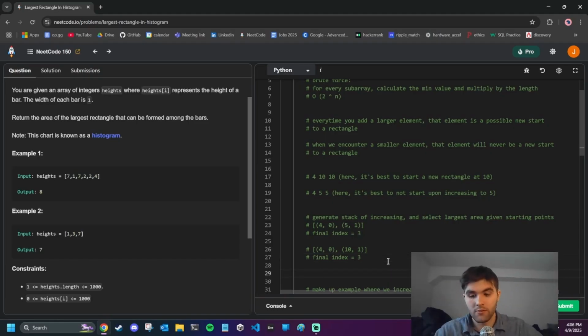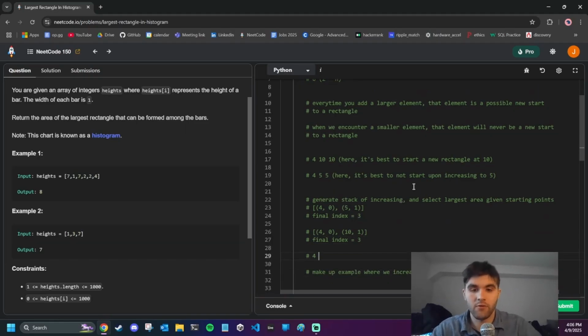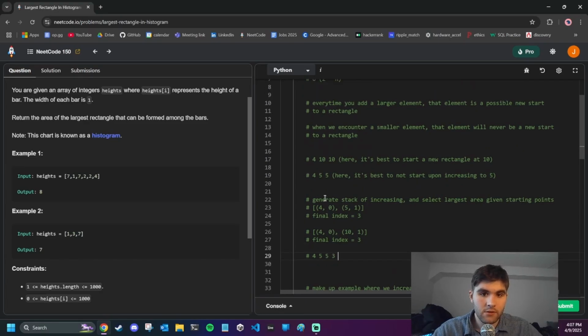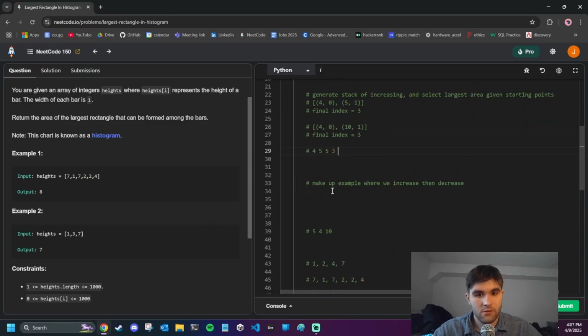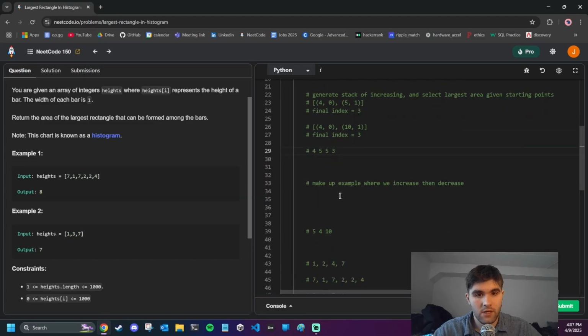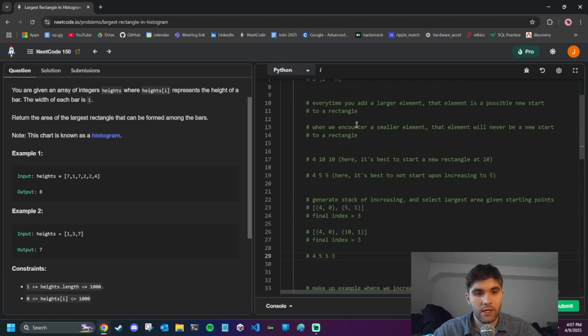So if we have, let's say 4, 5, 5, 3. We know that when we decrease, I said when we encounter a smaller element, it will never be the start of a new rectangle.